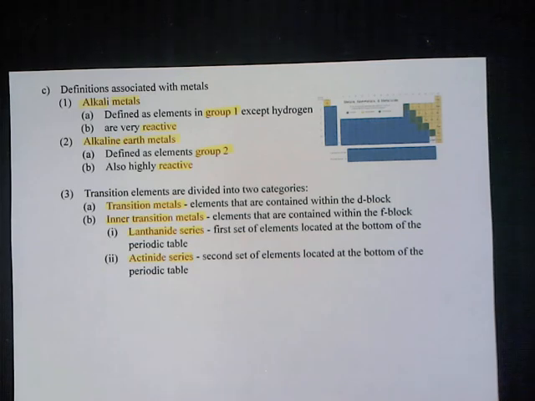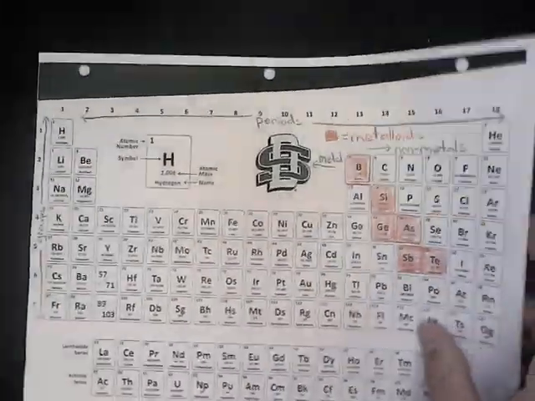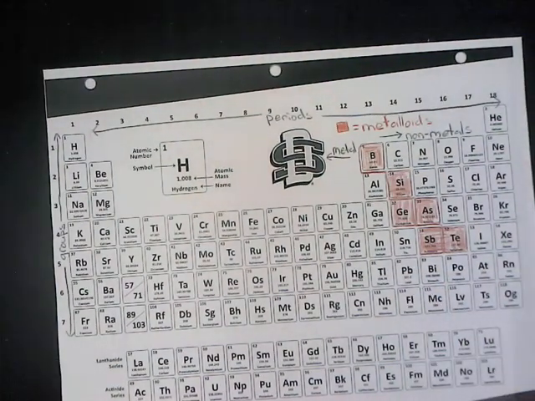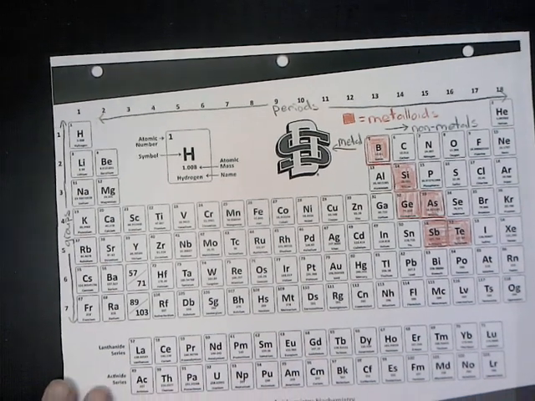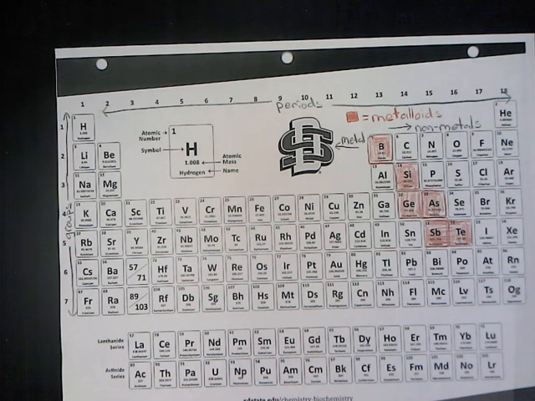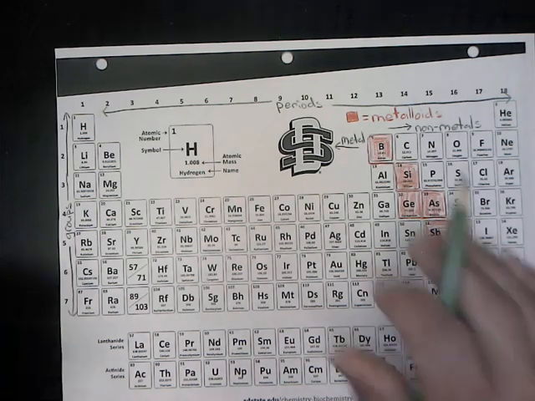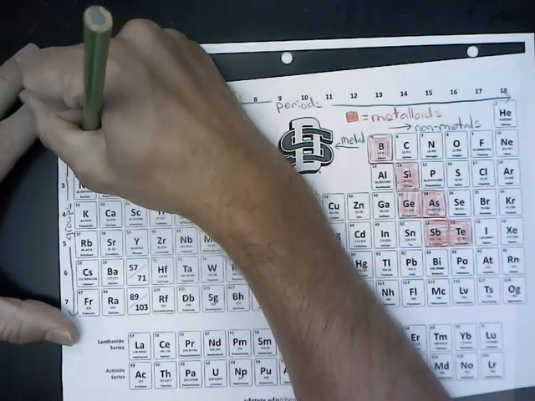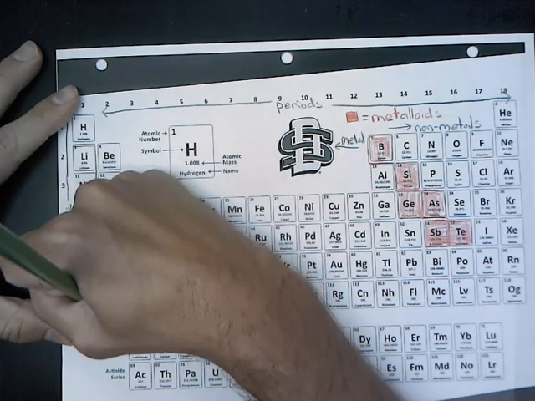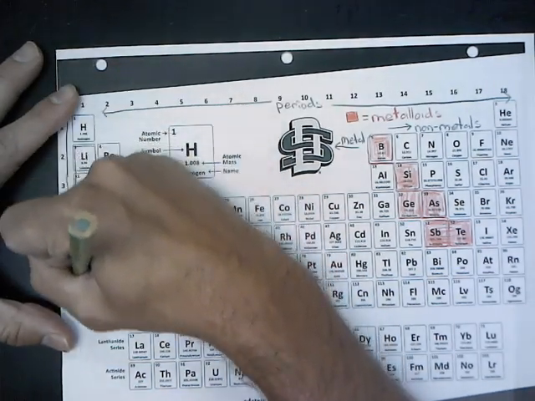So we start out here with the alkali metals. Alkali metals are considered group 1 elements with the exception of hydrogen. So let's identify that, and we're going to use a different color to identify those alkali metals. For our group 1, I'm going to use green. Our group 1 elements, lithium all the way down to francium, are going to be considered alkali metals.